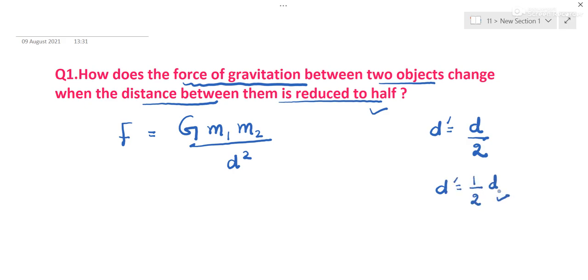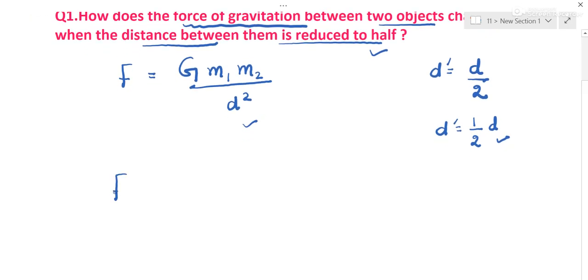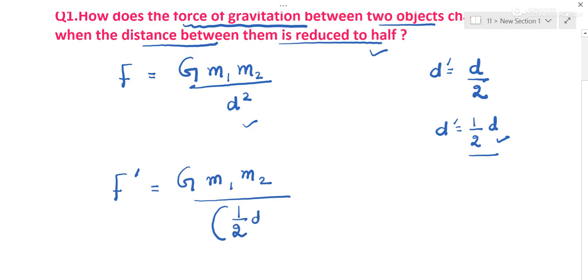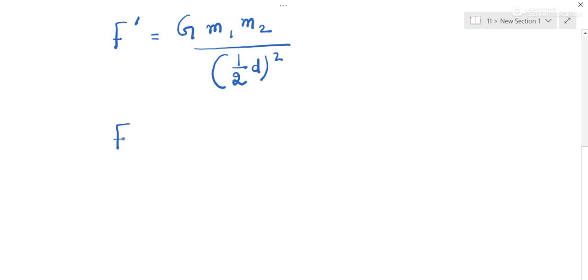We will substitute here. So my new force will be capital G M1 M2, nothing changes in the masses. We will substitute this by 1 by 2 d square. So this can be written as F dash equals, that is new force equals capital G, mass of first object, second object, upon 1 by 4 d square.